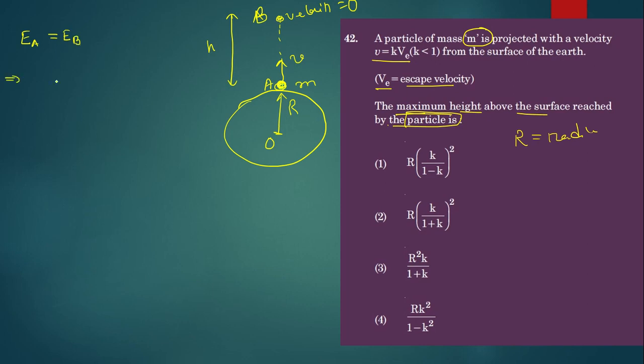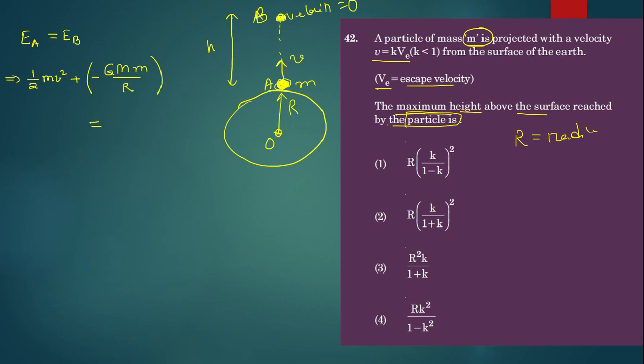At A, first energy will be the kinetic energy, half m v square. Second energy will be the gravitational potential energy. What will that be? It will be minus G capital M small m divided by the distance between this mass and the center, which is R.